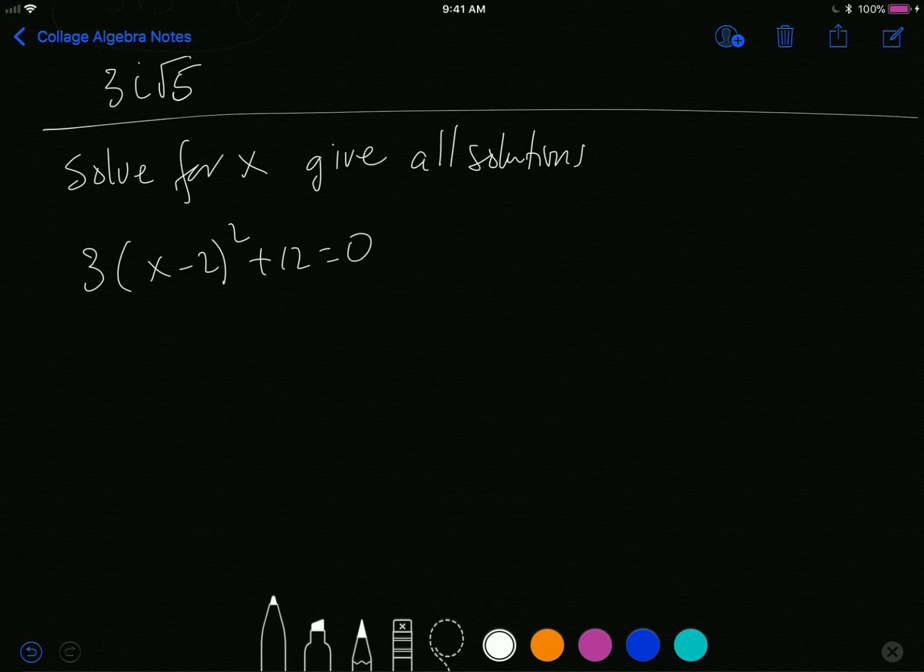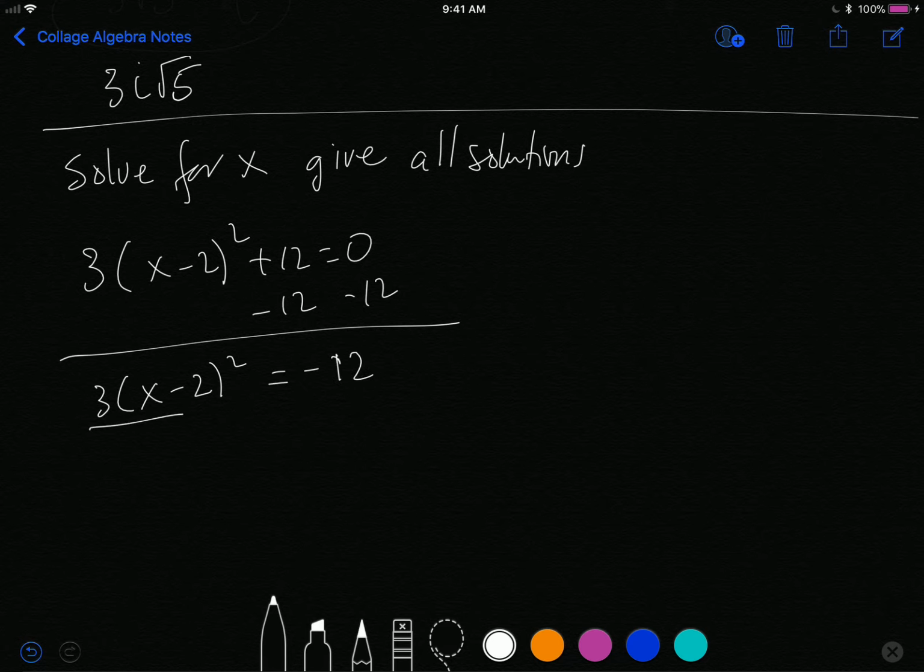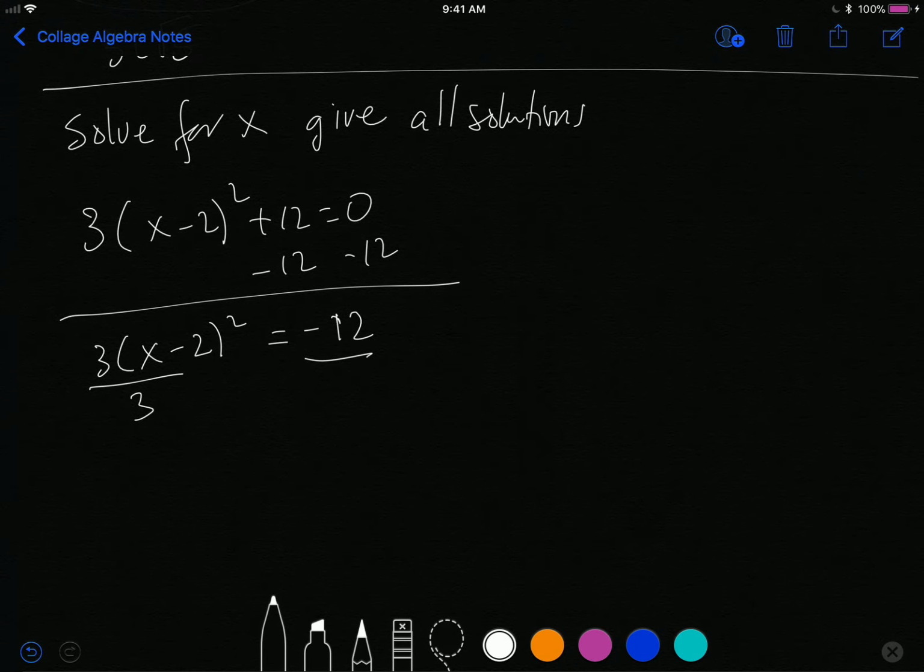This is an equation in standard form, and so I just got to unwind the equation so I can get my answer. So I will subtract 12, subtract 12. I will divide by 3, divide by 3. And that gives me x minus 2 squared is equal to negative 4.